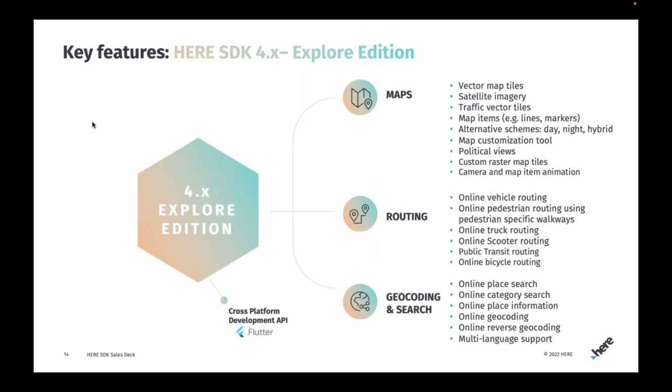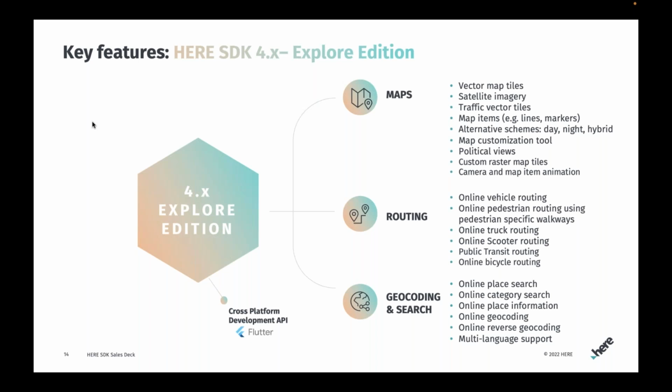So the Explorer edition is slightly different than the Lite edition because it can accommodate a better hardware device, and it is also a bit higher in package size. That's what I mean.